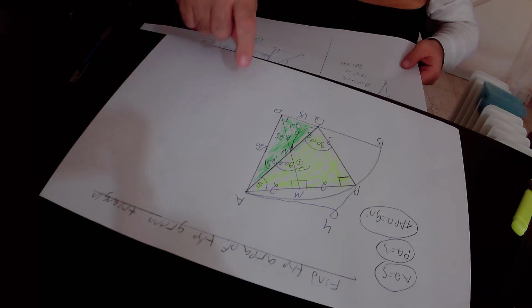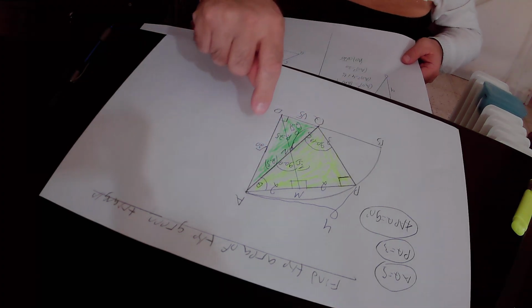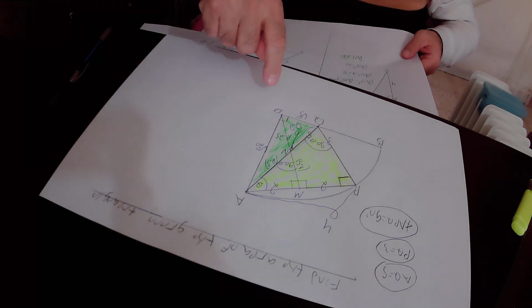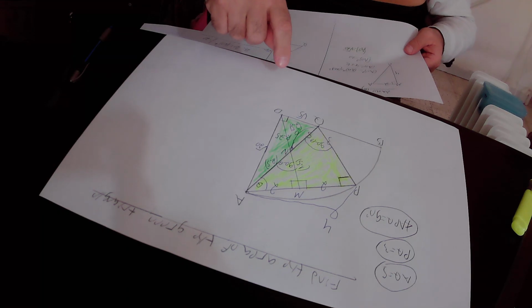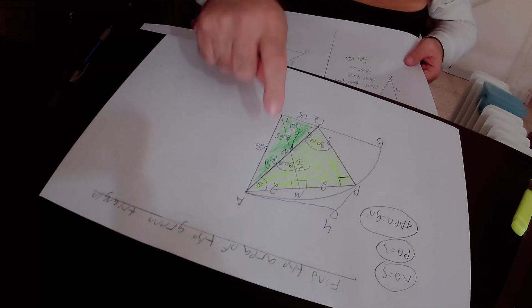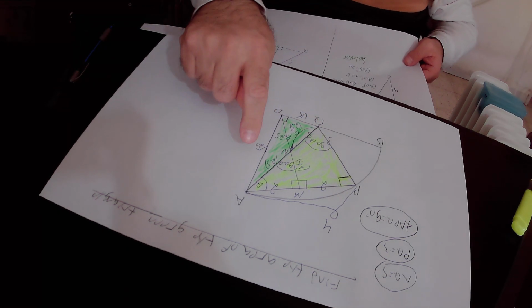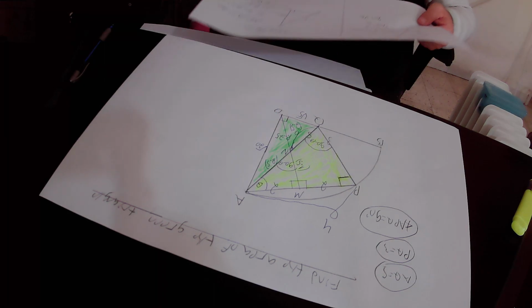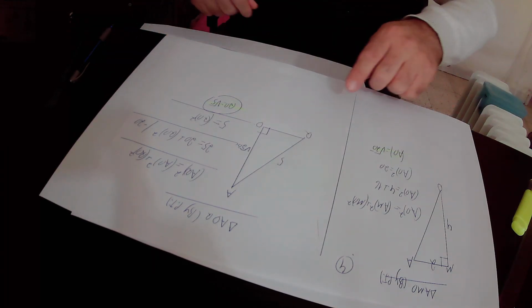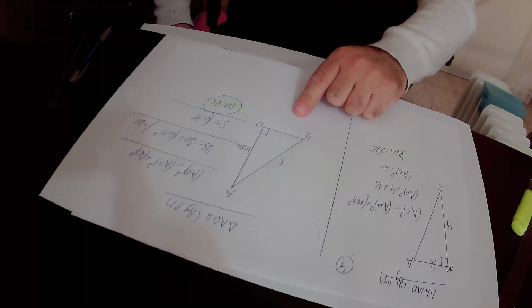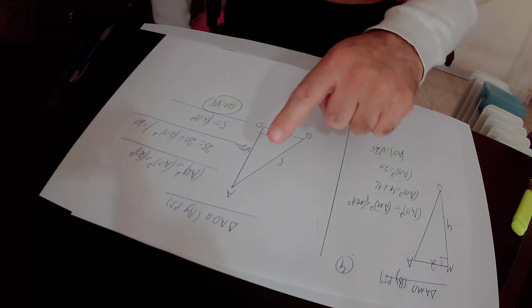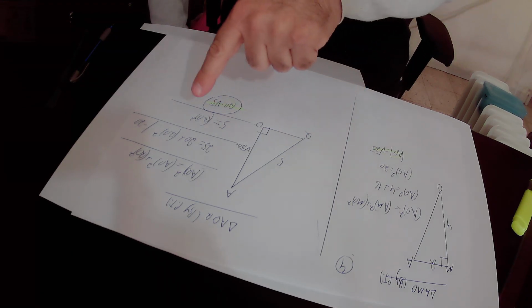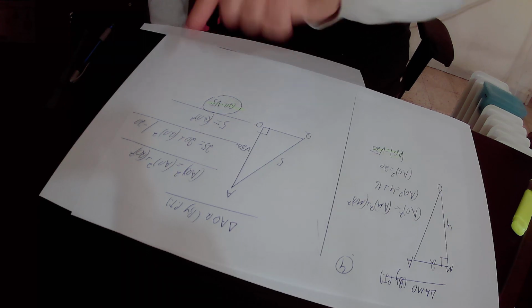In the next step, I will copy this right triangle AQO to a new page, and we implemented in this right green triangle the Pythagoras theorem. The hypotenuse AQ is 5, and the side AO equals square root of 20 units. According to the Pythagoras theorem, AQ square equals AO square plus QO square.